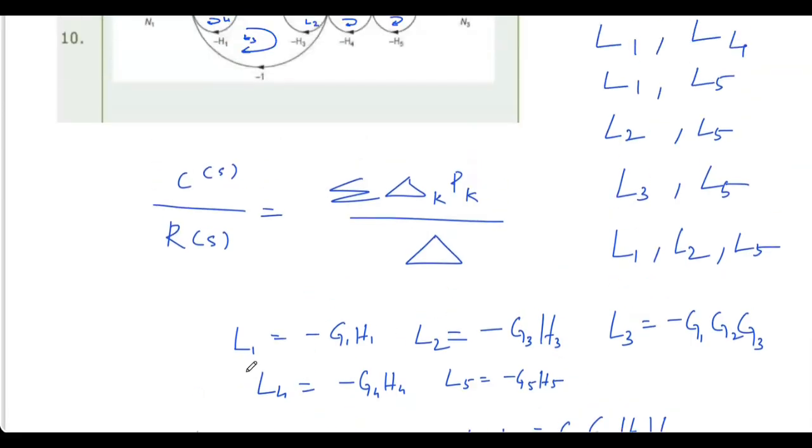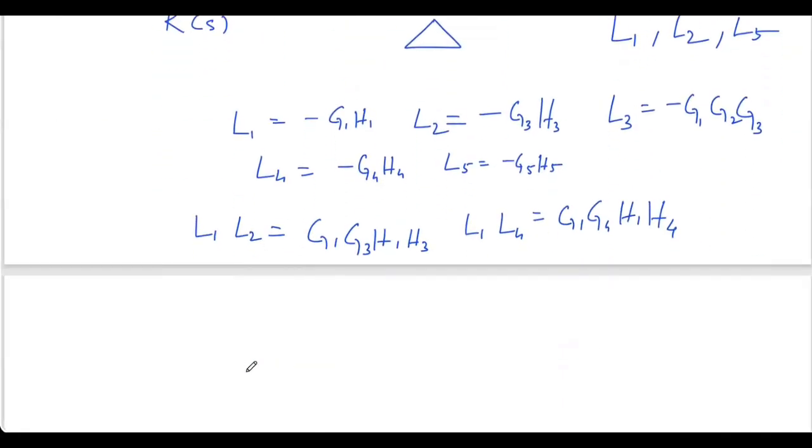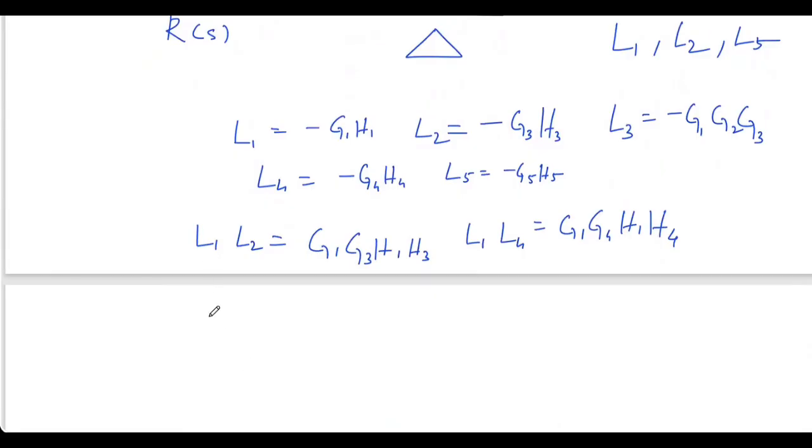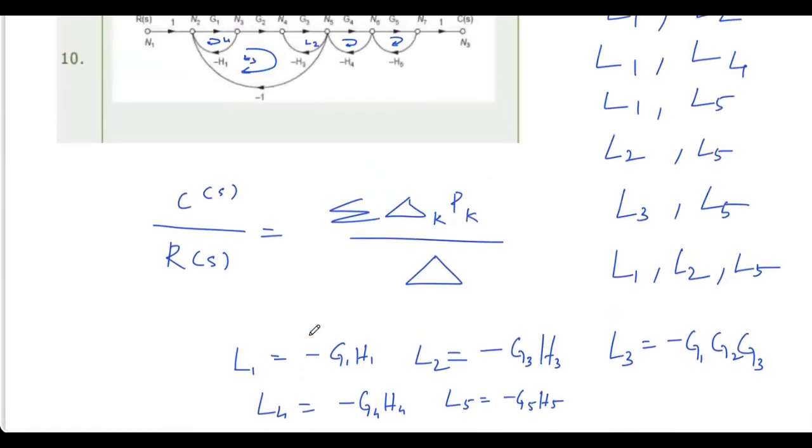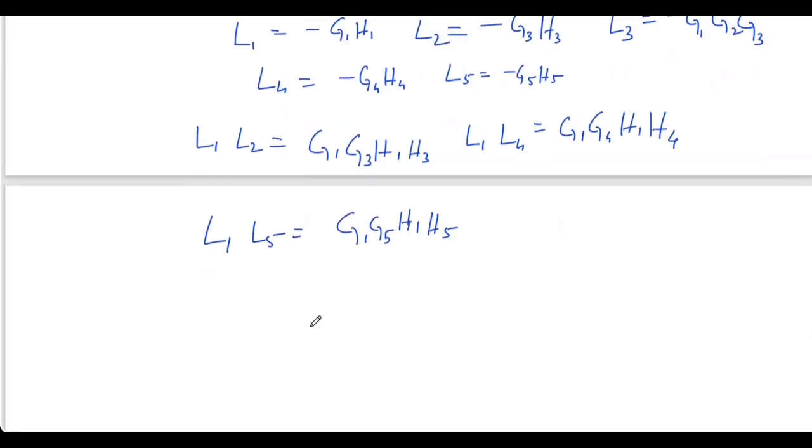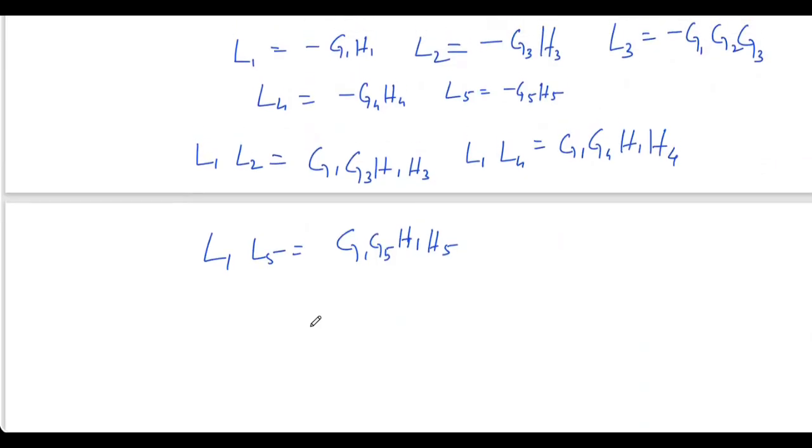L1 L5 is G1 G5 H1 H5. Then L2 L5 is G3 G5 H3 H5.